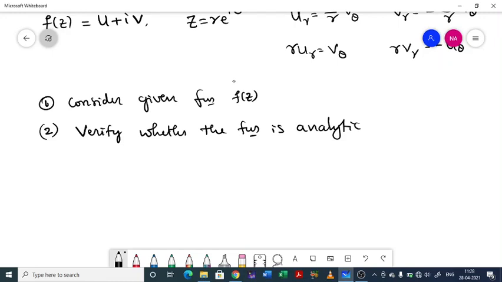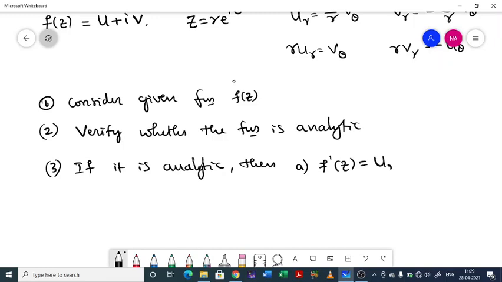If it is analytic, whether it is in polar form or Cartesian form, don't worry. If it is in Cartesian form, its derivative is given by f dash of z equal to u_x plus i v_x.